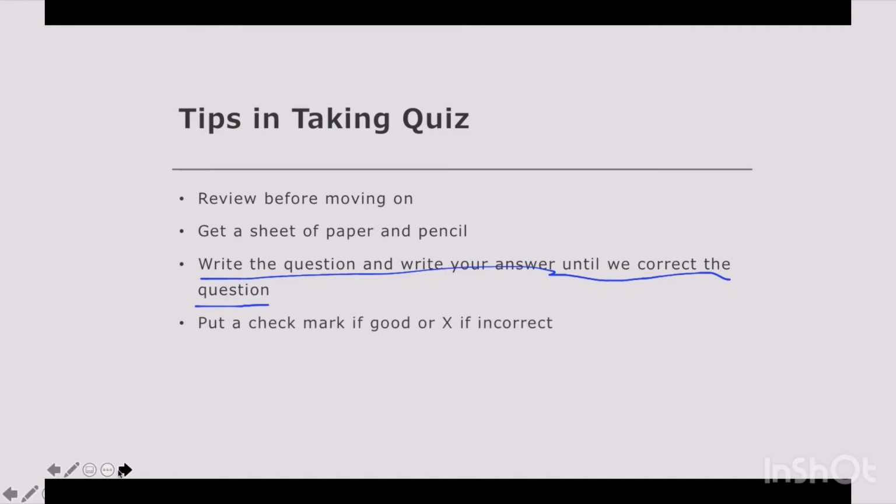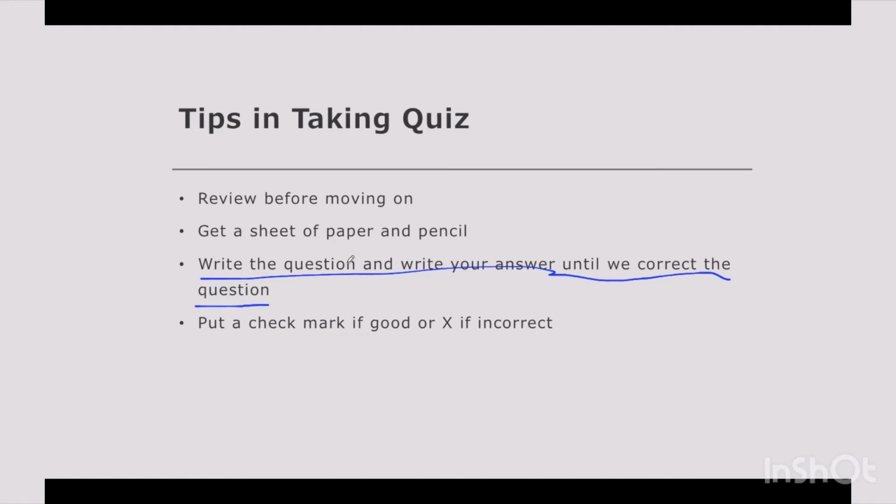So once we finish all the questions, this is another thing that happens on my channel. Once we're done, we're going to review to see if you got the question correct. So put a check mark if you got it correct or an X if incorrect. It doesn't matter if you got an X or a check. That doesn't mean that you're really good or really bad.